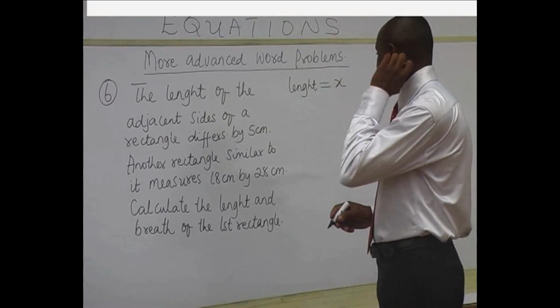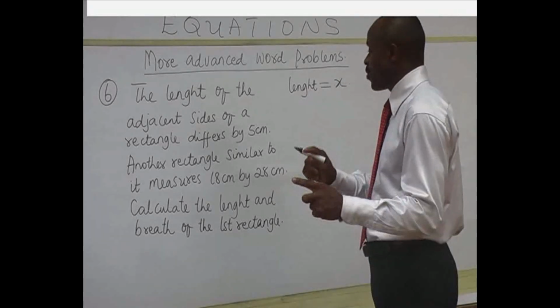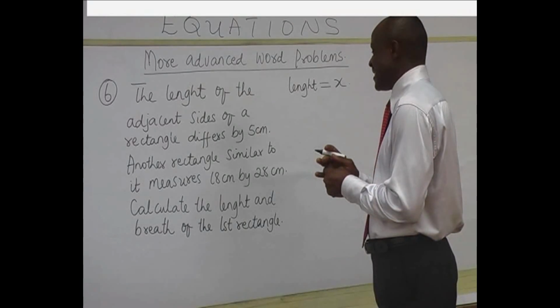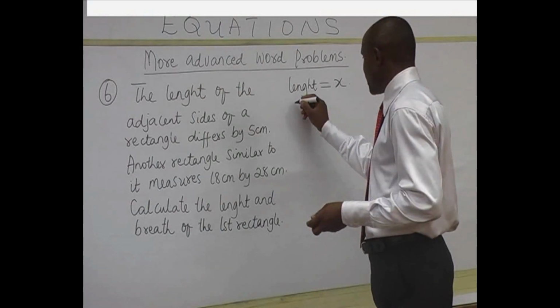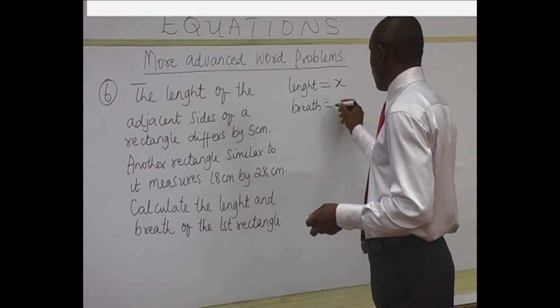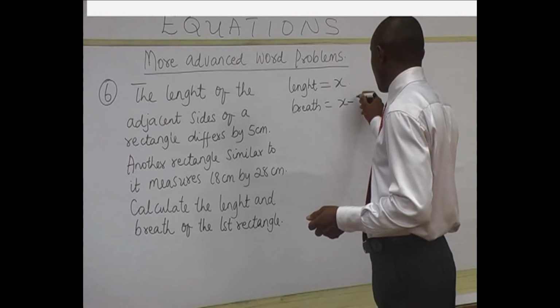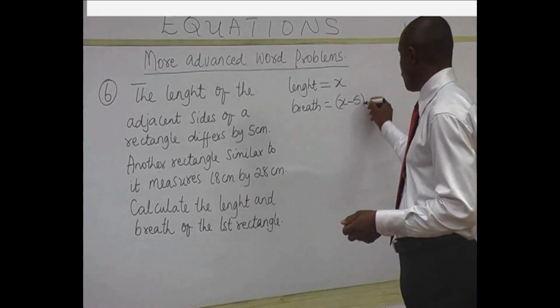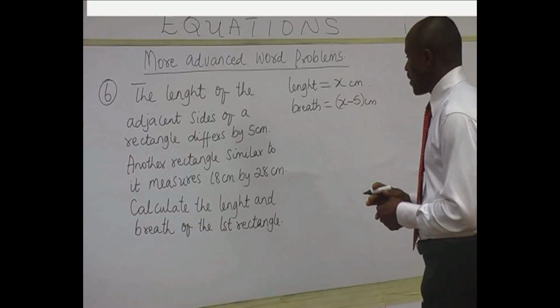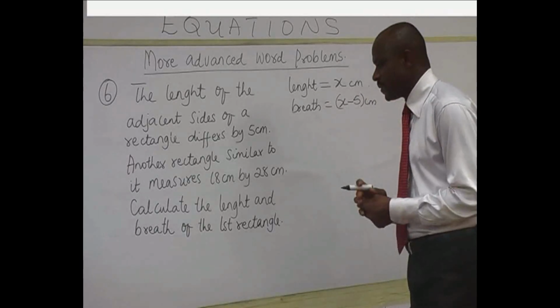Now, if the other side, which is the breadth, differs by 5 cm, that means the breadth will measure x minus 5 cm. That is what it means. That is the first rectangle.